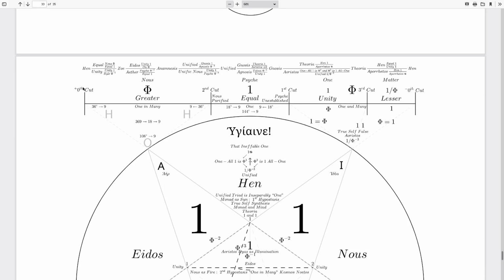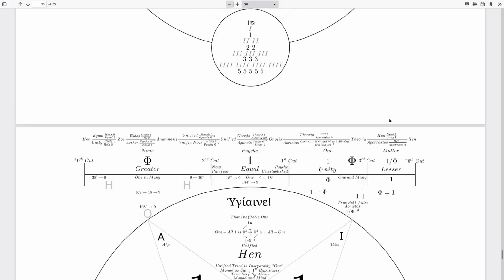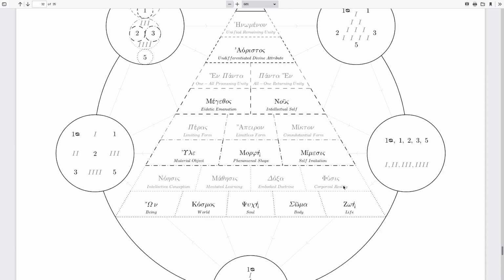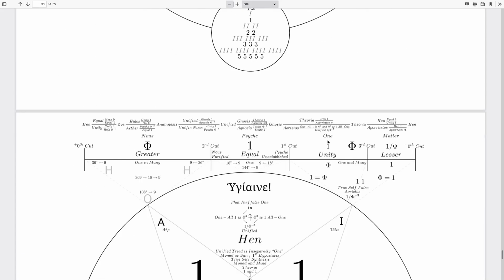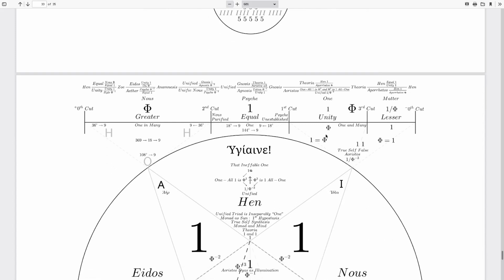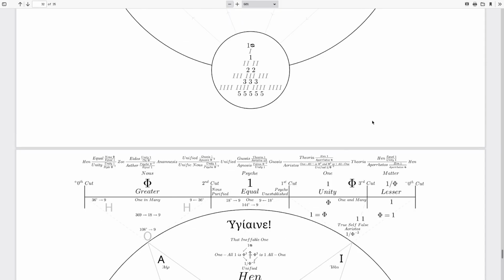This isn't actually a cut to begin with, but explaining that is like saying, did you have to cut a line to make a line to begin with, which the answer is no. And likewise, did you have to cut a circle in order to make a circle to begin with, which is no. So this could be wrapped around in a circle, and if you do that, this part, matter and nous, the distinction or the demarcation line between them kind of disappears in a sense as it wraps around in itself, which this part is kind of similar to this part, but in using Plotinian hypostasis based ordering of the Plato's divided line section.